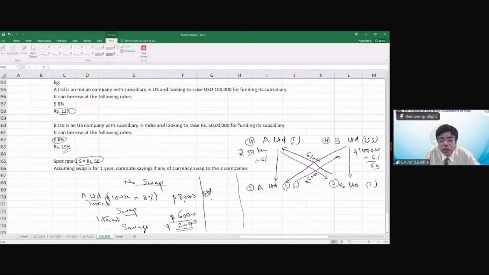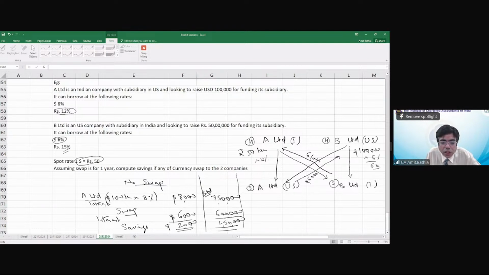So that is 50 lakhs into 15%, which comes to 7,50,000. Because there was a swap, they paid 6 lakhs. So what is the saving for B Limited? 1,50,000 rupees.